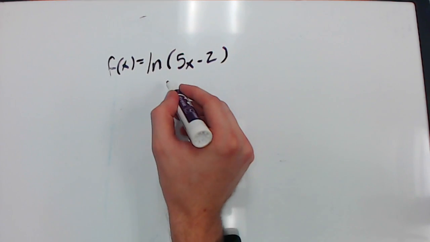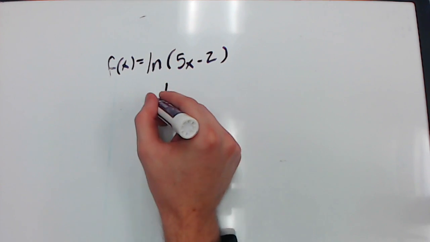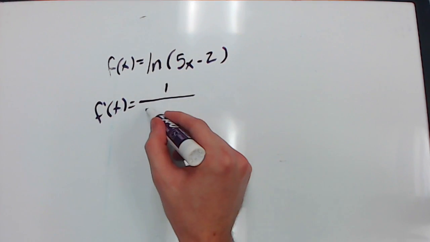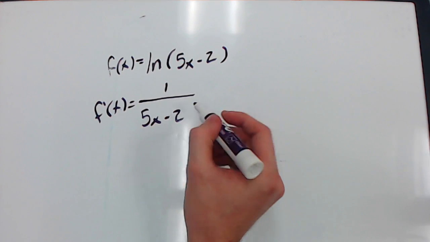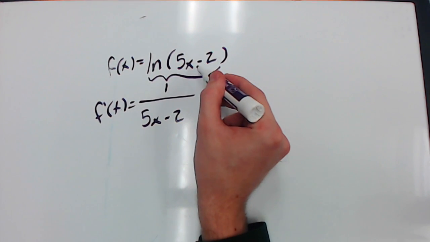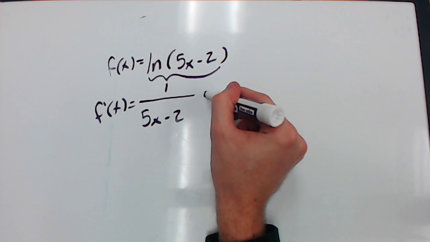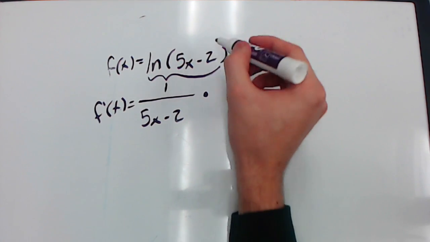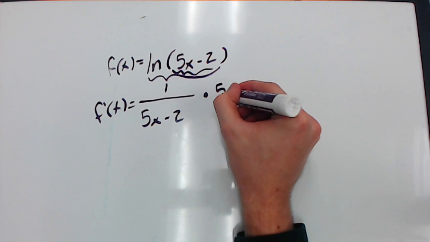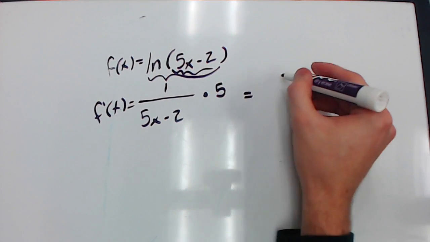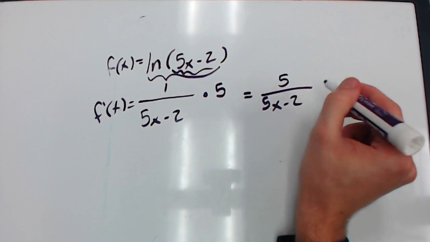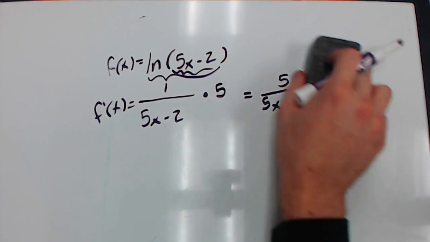So we'd have 1 over 5x minus 2 for f prime of x. So the derivative of the outside, keeping the inside the same, then multiplied by the derivative of the inside. Now the derivative of the inside would just be 5. So your final answer would be 5 over 5x minus 2. Easy enough.